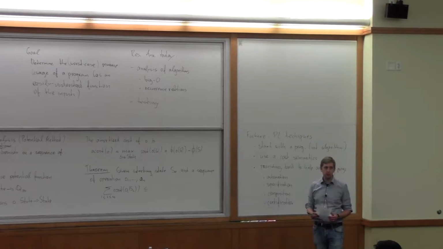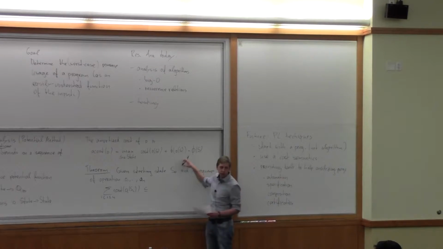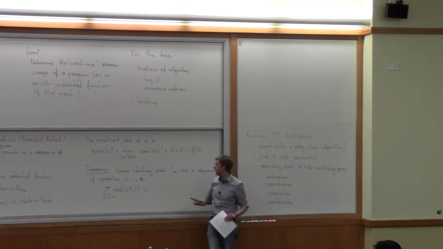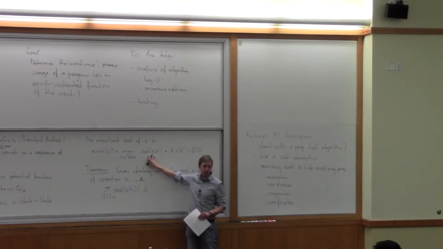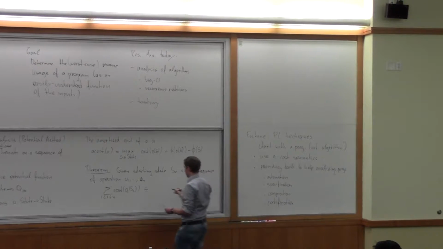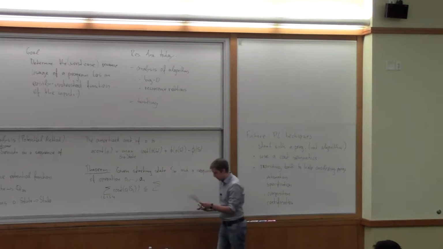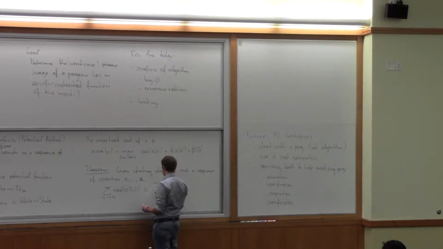Okay, because that's why you have this potential here, to even that out. This cost here will not be a constant, and we can bound that by the amortized cost. Well, actually, I don't have to.